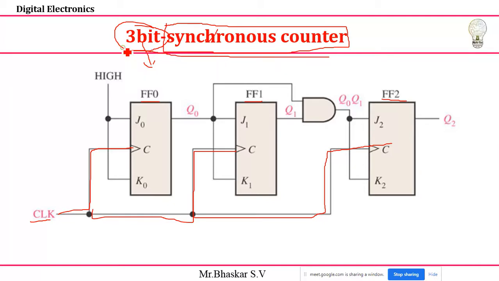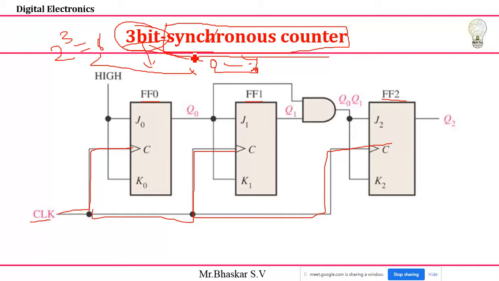For example, if I'm talking about a 3-bit counter, the minimum value here is 0, and 2 to the power of 3 is nothing but 8. So how do I represent it? 0 to 7. So my counter will start counting from 0 to 7, or 7 to 0, depending upon the connections. It may be an up counter or a down counter depending upon the connection.